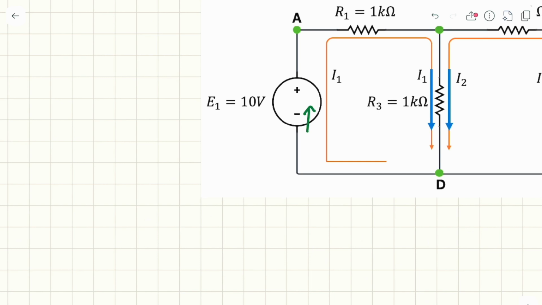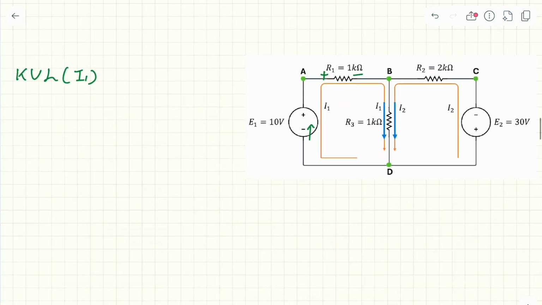For any mesh current, if we enter a resistor, usually this is positive, this is negative. So we have 10 plus the current is I1, the R is 1K, so the voltage is IR, 1K, I1.